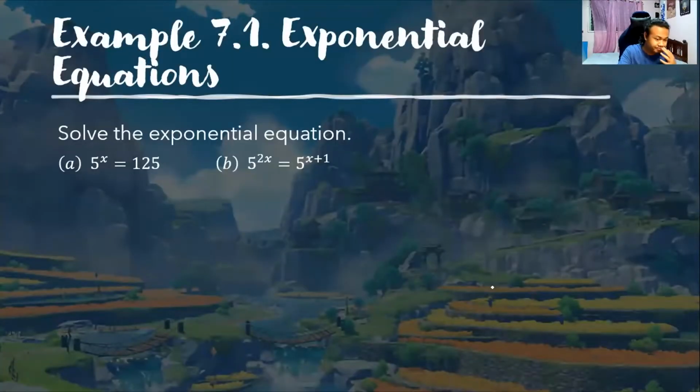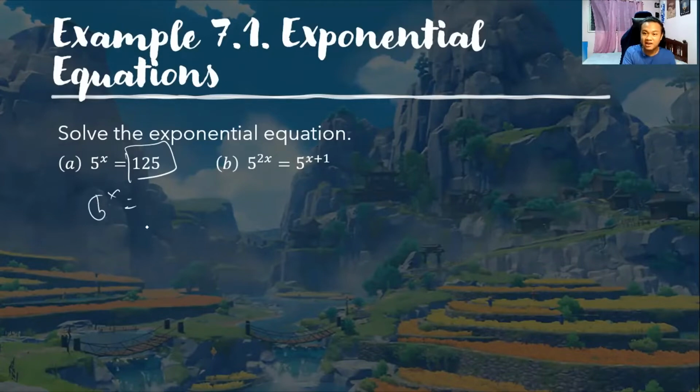These are equations, meaning there is an equal sign, right? So let's solve the exponential equation 5^x = 125. What is x? Let us solve for x. Express 125 as an exponential function.